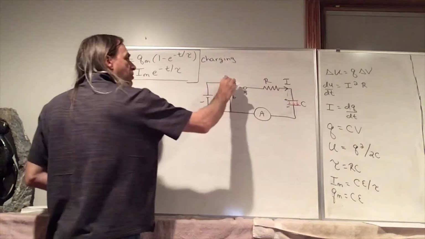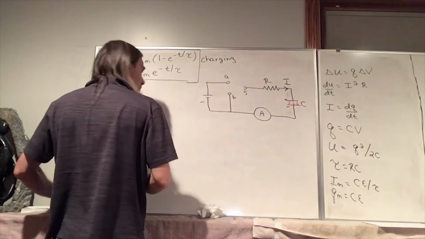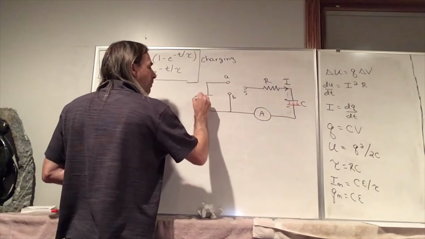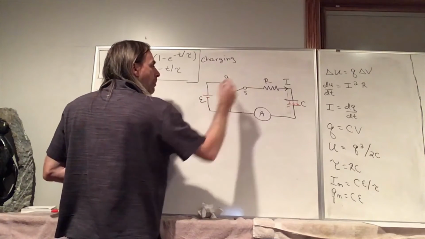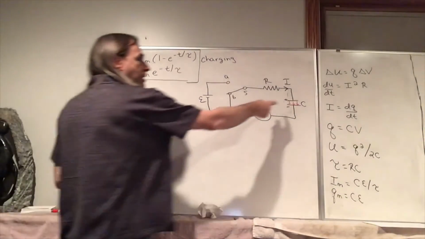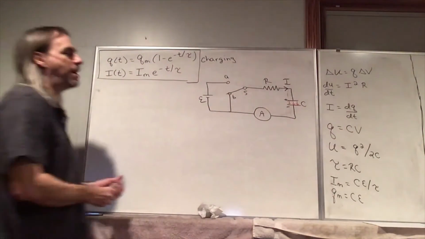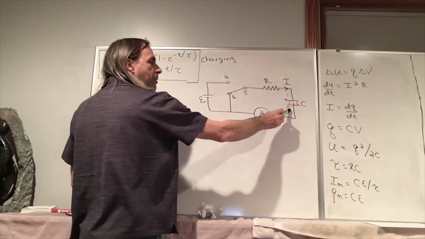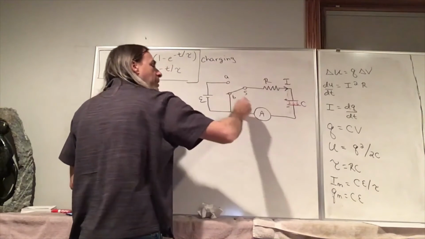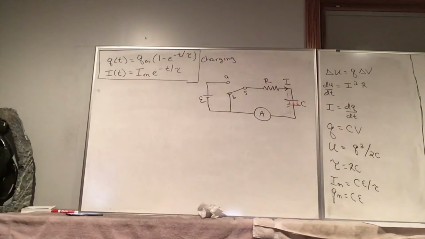If we move the switch to B, now the battery is out of the picture. Our loop just consists of a capacitor and a resistor. This plate is positively charged, this plate is negatively charged, so the positive charge is going to move around towards the negative charge until the capacitor is completely discharged.